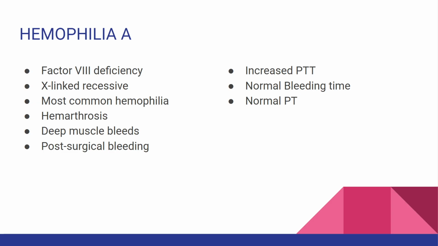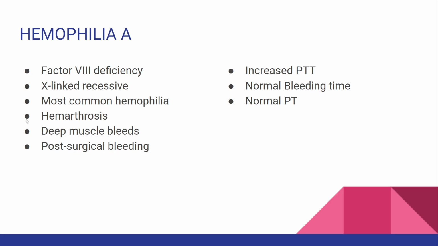Hemophilia A is treated with DDAVP, or factor 8 replacement. Just remember, if you have factor A deficiency and you give someone factor B, their blood will kind of cure it. Hemarthrosis, deep muscle bleeds, and post-surgical bleeding are heavily seen.